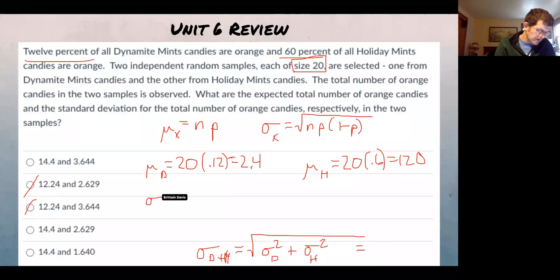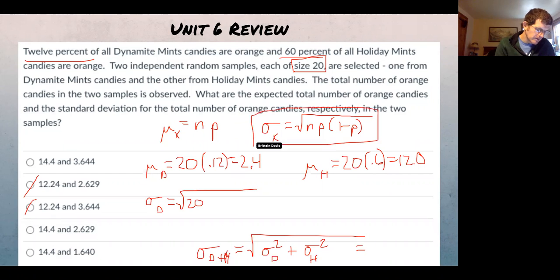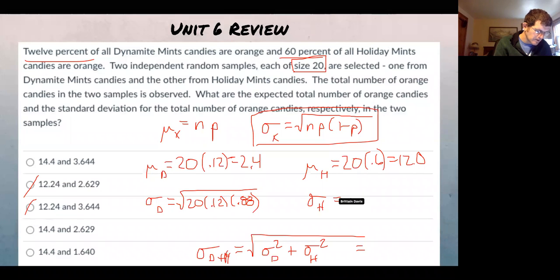So the standard deviation of dynamite mints is going to be, and I'm using this formula up here, 20 is the sample size, 0.12 and 0.88. That's the probability and the complement of the probability. I'll go ahead and write the equation out for holiday mints, which is going to be another sample size of 20.